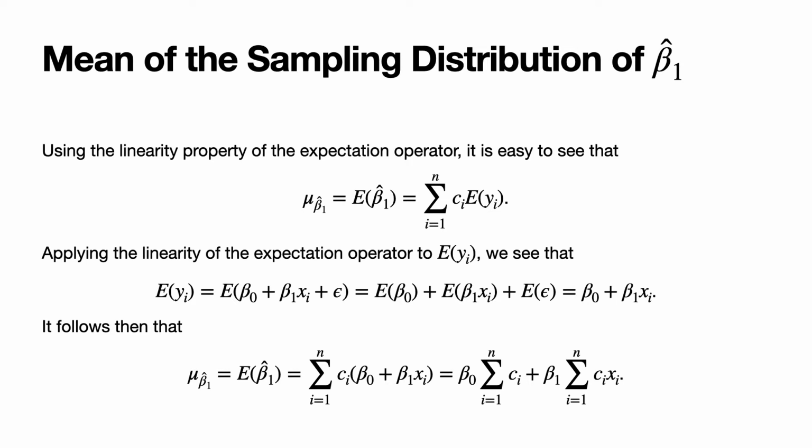And so if we substitute that expression into the sum involving the expected value of y sub i in the formula on the top of the slide, we see that the mean of the sampling distribution of beta 1 hat turns out to be beta 0 times the sum of the c's plus beta 1 times the sum of the products c sub i times x sub i.